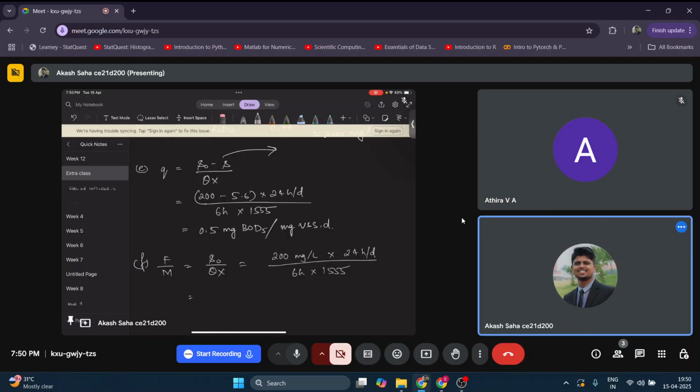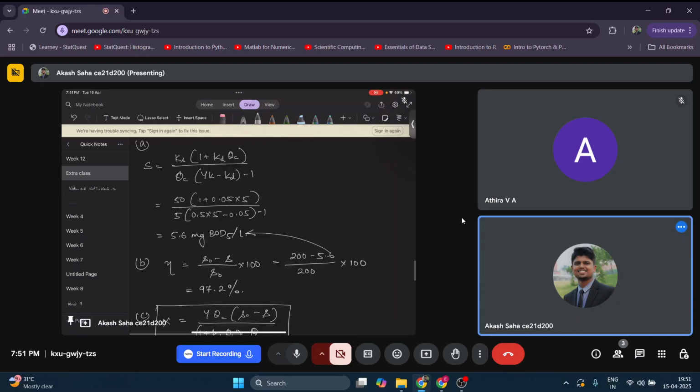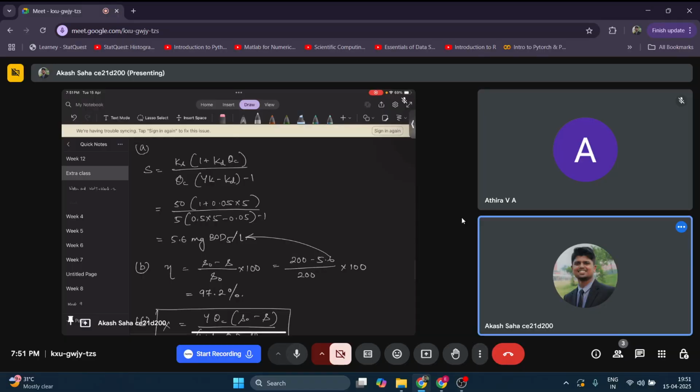So it is 0.51. That's how you have to do it. Okay, very simple. I'll quickly show all the formulas one by one. You can make a note of it.